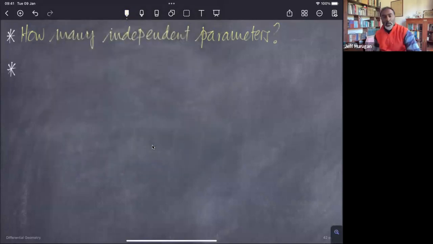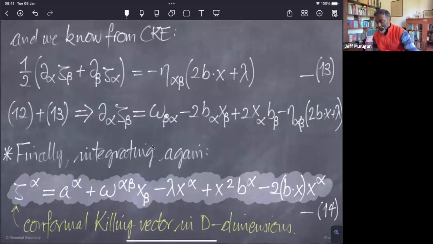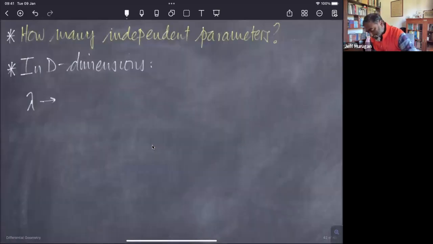Okay, so in d dimensions, we have the following. We have λ, this guy here, and that's just one number. So λ gives us 1.